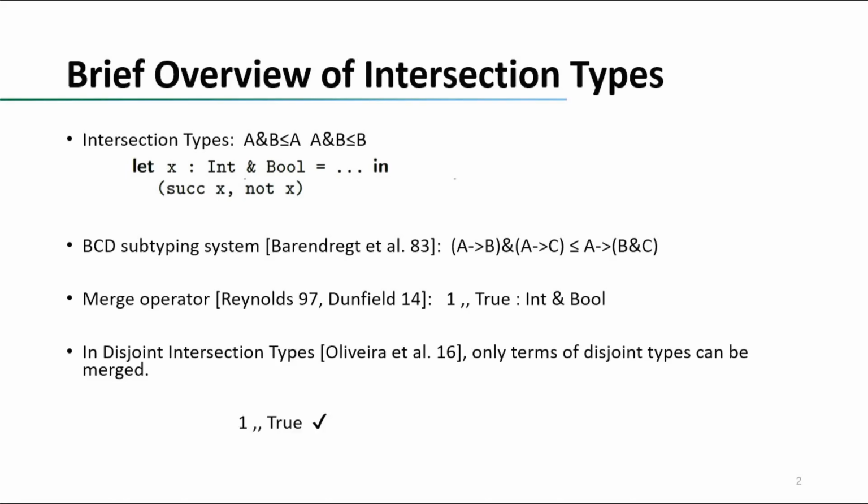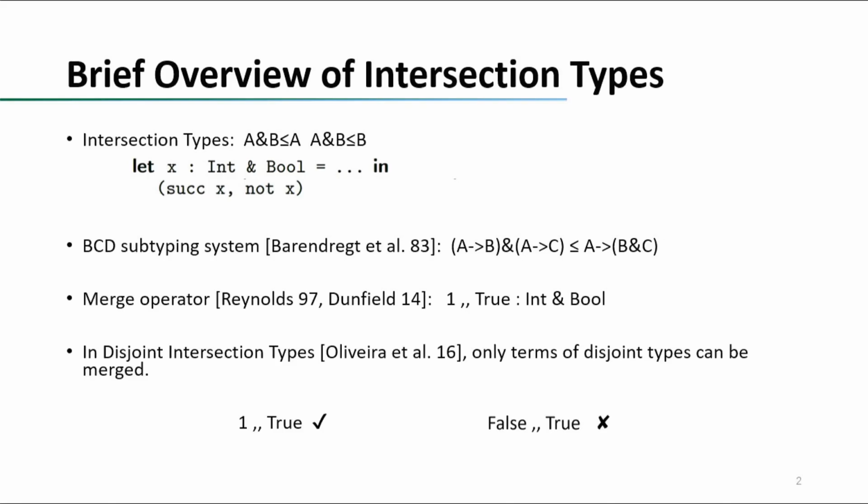Such as, we know that the common supertype of int and bool is top, and that means 1 and 2 have no common component, so you can always determine whether 1 merged with 2 should be evaluated to 1 or to 2 according to the evaluation context. However, we cannot merge false with true because they have exactly the same type, and we cannot tell them from each other in the type context.